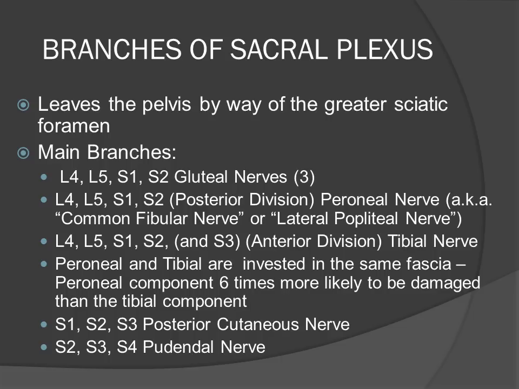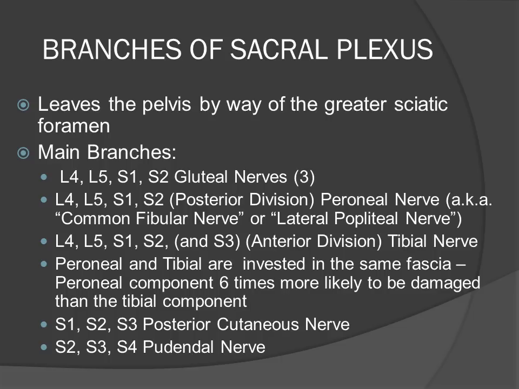In other words, the common peroneal nerve component of the sciatic nerve is injured 6 times more frequently than is the tibial component. And we'll talk about some clinical manifestations of injury to the common peroneal nerve, and some clinical tests that we can use to determine the location of a lesion to the common peroneal nerve.